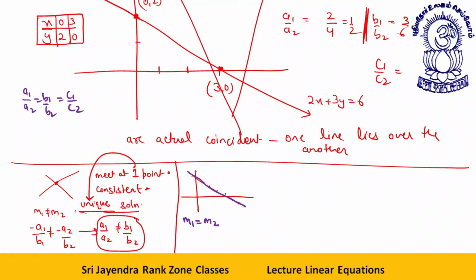Okay, so for this sort of lines, they are coincident lines. They meet at infinite points, therefore they have infinite solutions. So this is also consistent.